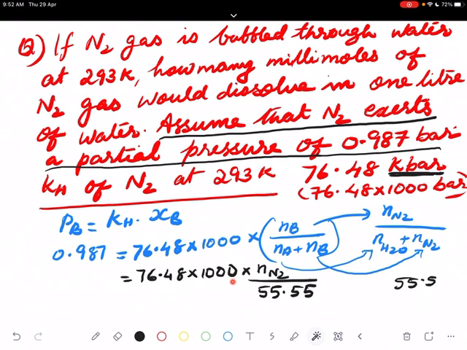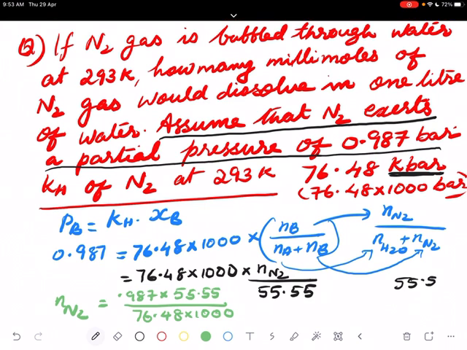So N of N2 is equal to 0.987 into 55.5 divided by 76.48 into 1000. This is the number of moles of N2.